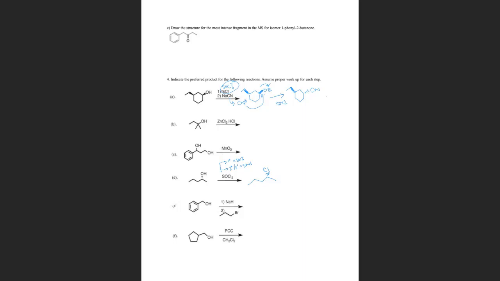Let's see. Do you have an idea of what NaH will do to the alcohol for E? Yes, alkoxide, that's perfect. So you have a benzene ring, that's another way to draw it. Sorry, my bad. Okay.